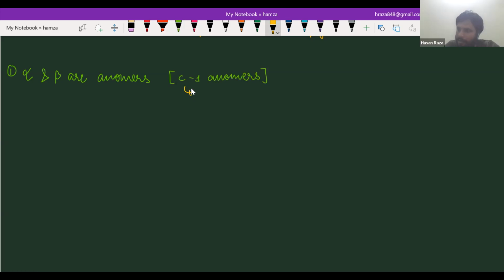That first carbon, H on the left hand side, H on the right hand side, we just switched and it changes alpha and beta. That's why I'm going to write switching carbon. So switching atoms or switching carbon, you can say change. That carbon is called C1 anomers. Is that clear?